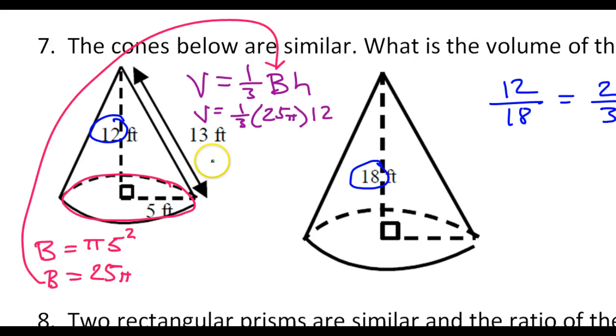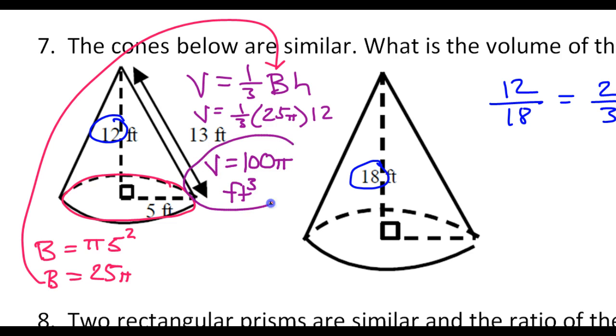So the volume of the smaller cone is 100 pi cubic feet.